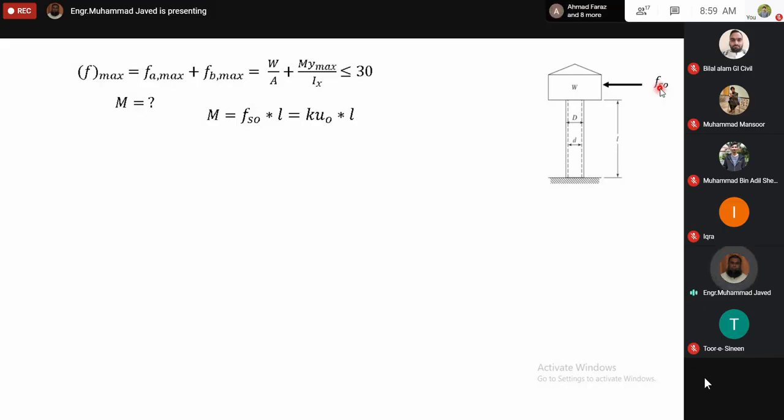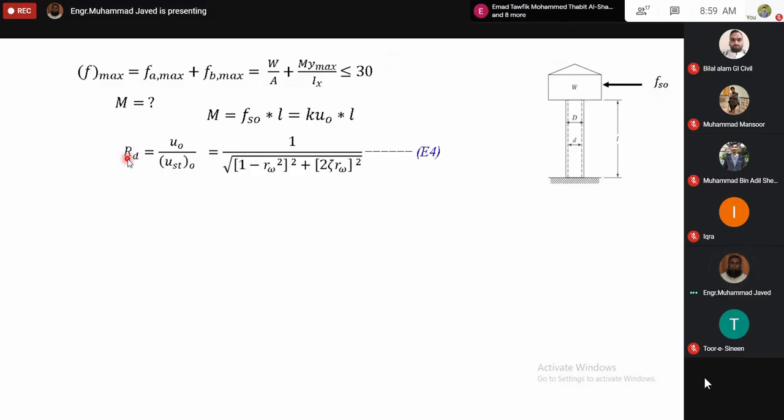So U naught can be calculated by the equation used to calculate deformation response factor. In this equation, omega and zeta are known.